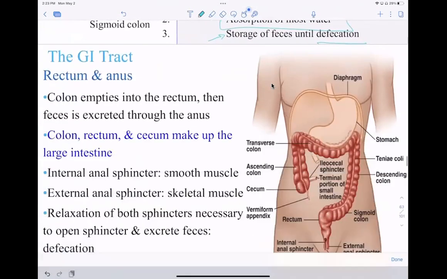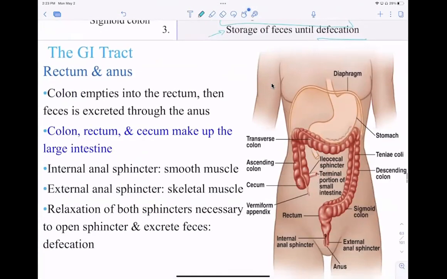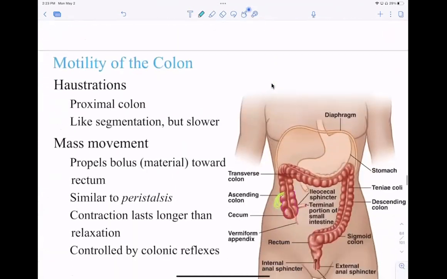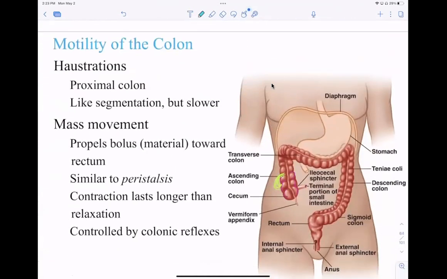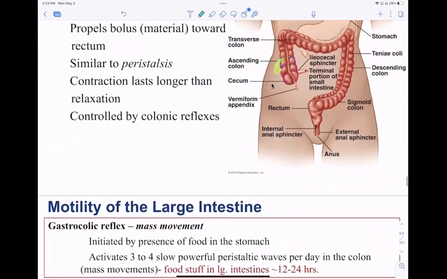So the purpose of the large intestine is really to empty what you didn't absorb. They have these little segments called haustra, and it gets mixed and compacted and then mass moved through the colon.